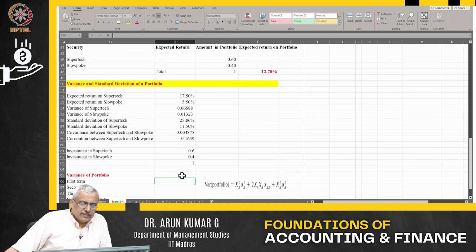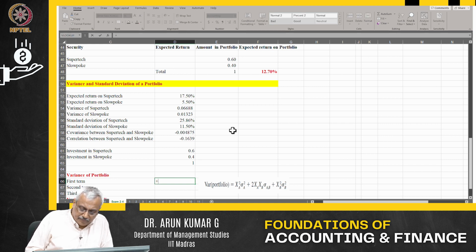Now what is the variance? What is the first term? The first term is nothing but the weight squared, that is 0.6 squared, into the variance of Supertech.